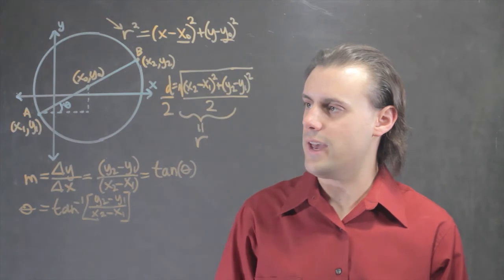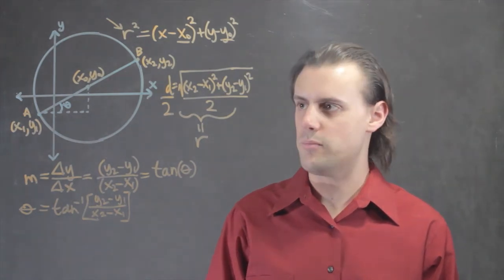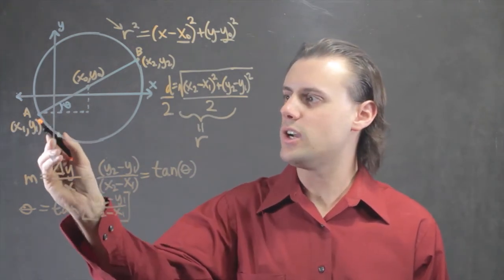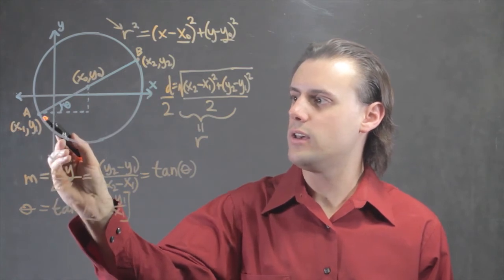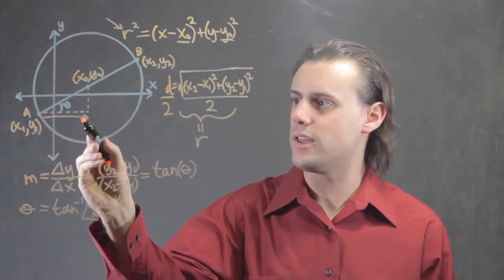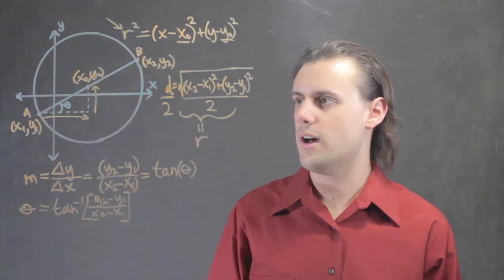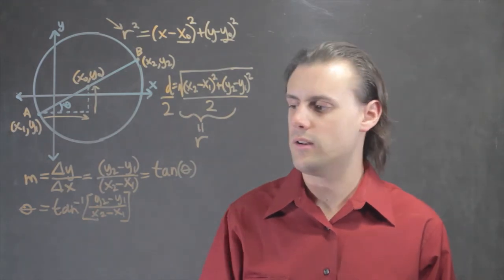Now that I have this angle, I can recognize from the trigonometric relationship between x and y and the angle by how much I should add to x1 and y1 in order to move this length here and this height here. So I have an equation then that I can write down for x naught and y naught.